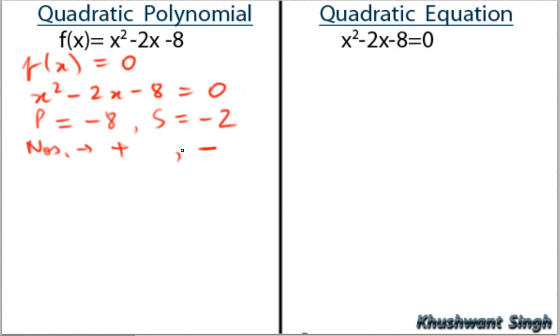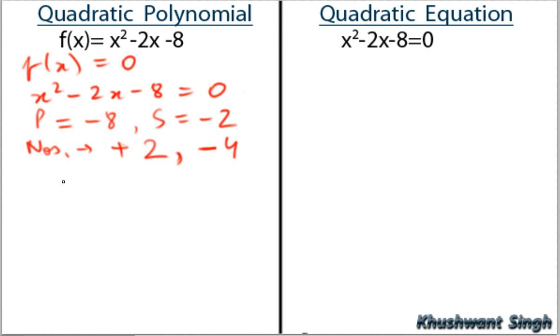That means when you add them, you are actually subtracting. So get two numbers whose difference is 2 and whose product is 8. The numbers will be minus 4 and plus 2. When you add them you get minus 2, and when you multiply them you get minus 8.